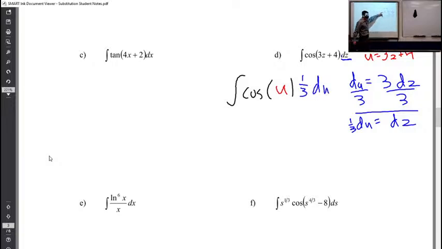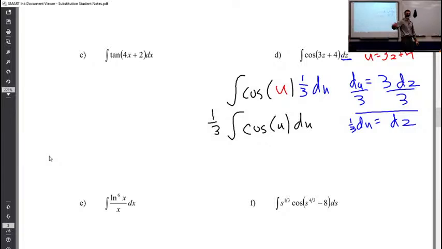So once again, we have this constant that we're multiplying, so I'm going to bring it out in front so that I don't have to think about what's going to happen with the 1/3 until the end of the problem. The goal is to make the antiderivative part as easy as possible. So we're bringing constants out in front. We're taking functions inside of other functions and not worrying about them when we do the antiderivative. That's the whole point of this substitution.